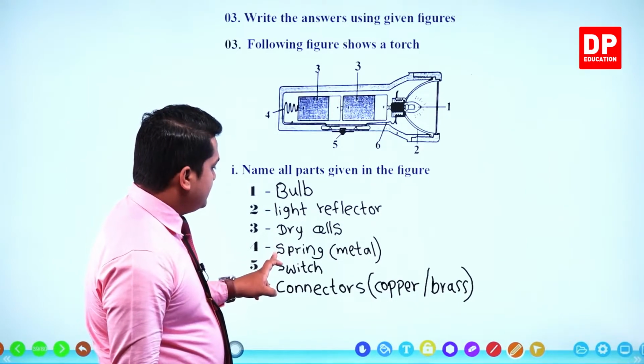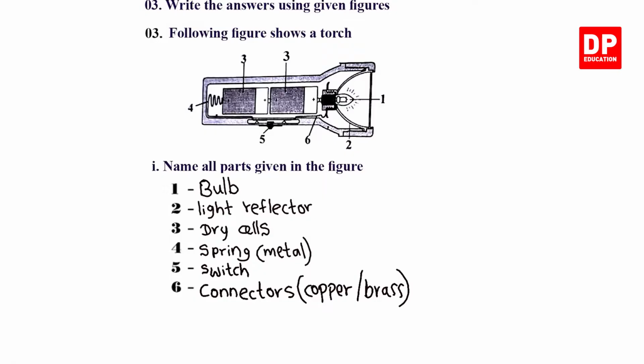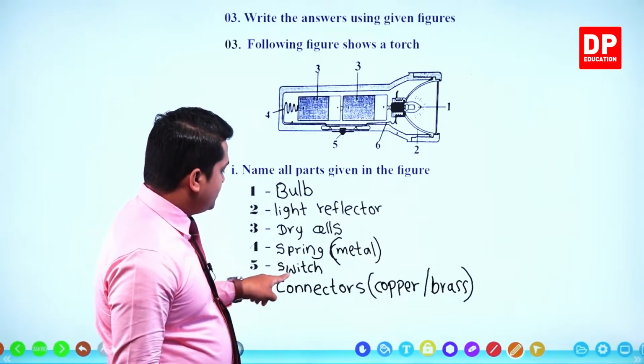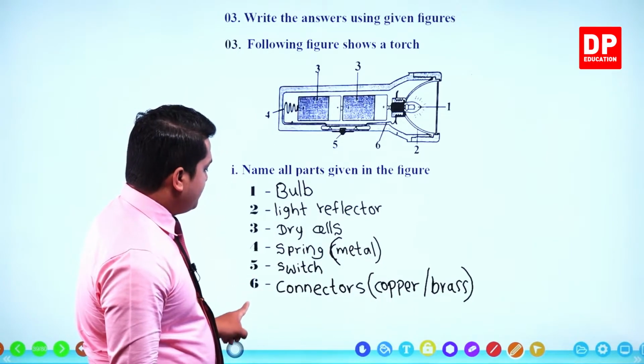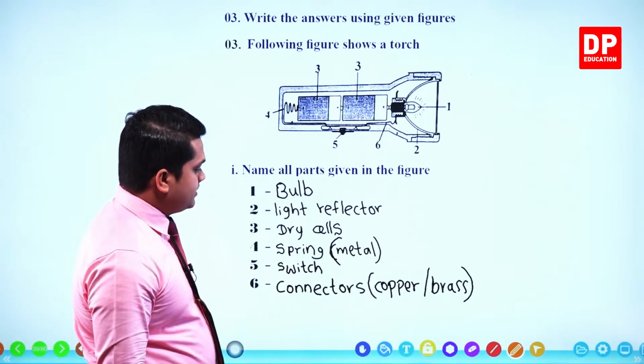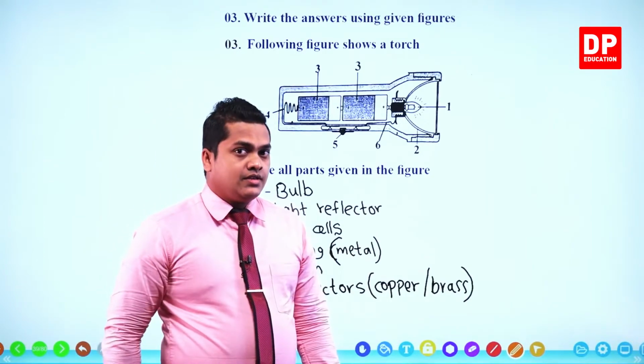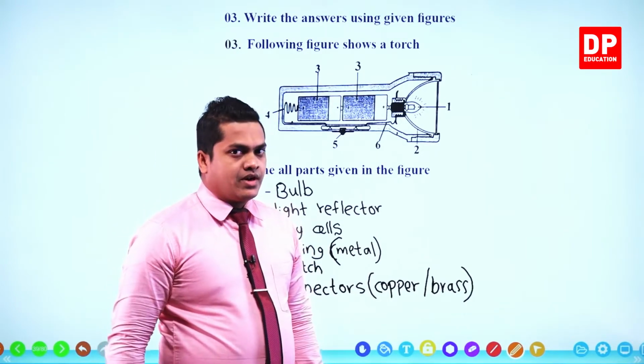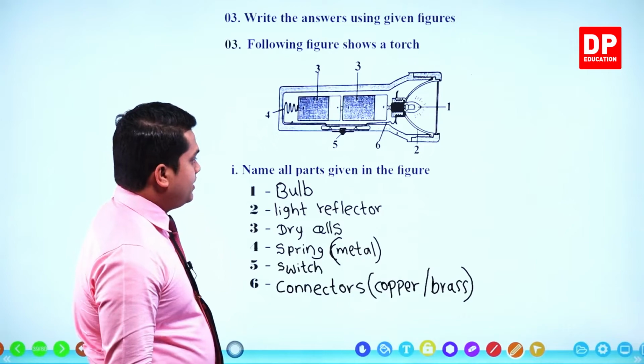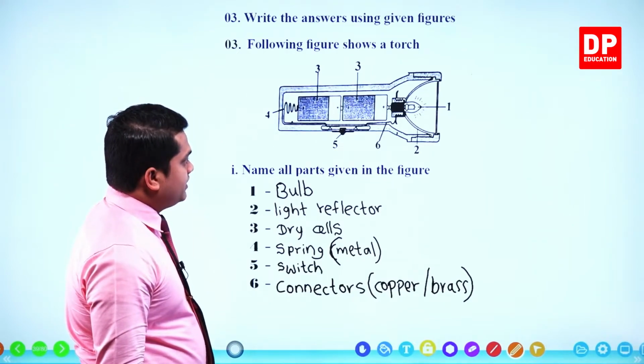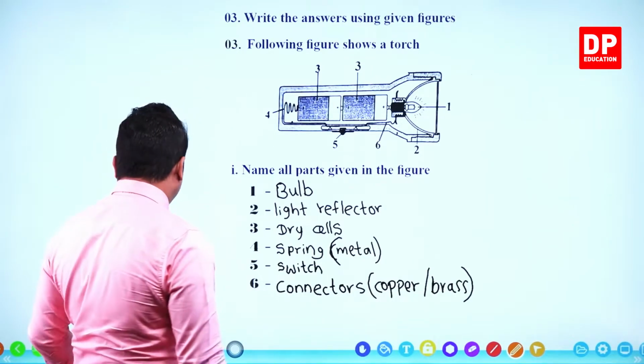Number 4, the spring or metal spring. Number 5, the switch. Then number 6, connectors. It is made up of, most of the time, copper or brass. So these are the main parts that we can observe within the torch.